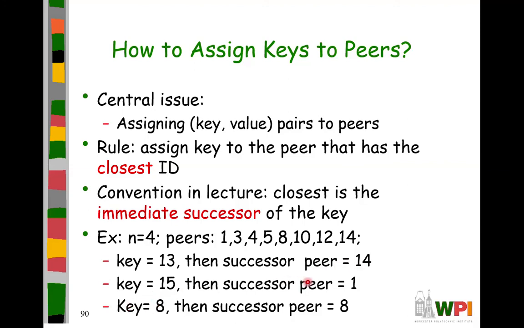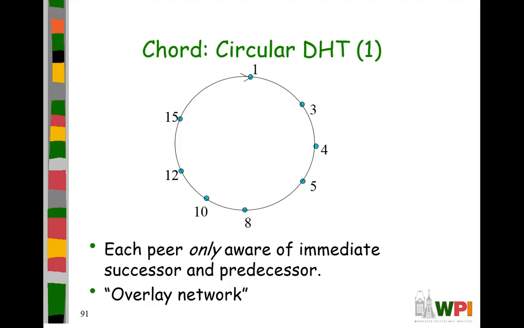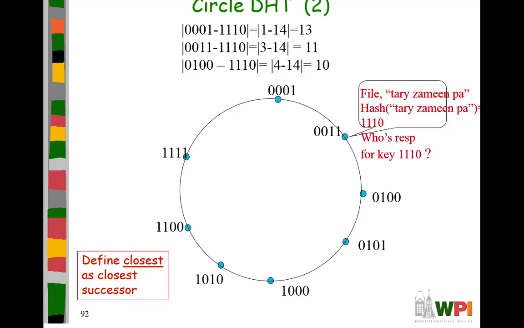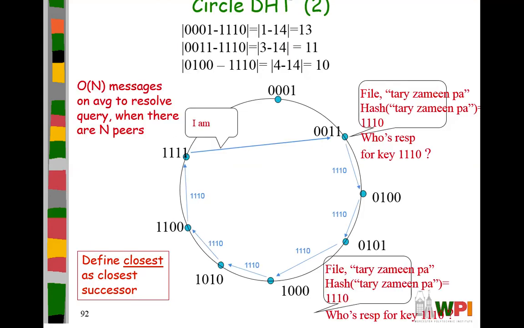Because we have keys from 1 to 15, so after 14 there should be 15, but 15 is not present. After this there is 1, and 1 is present, so 1 will be the successor. Similarly for 8, it is 8 because it matched with 8. So this is an example we have explained.